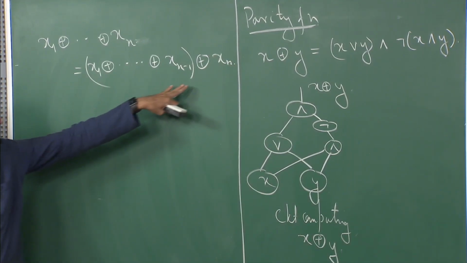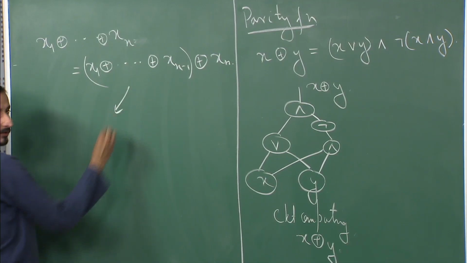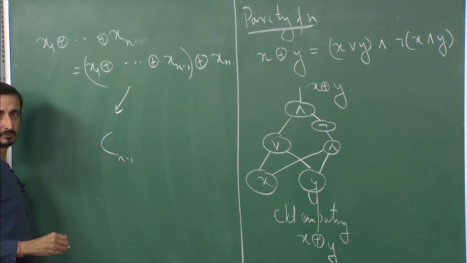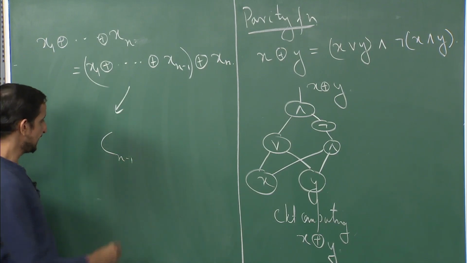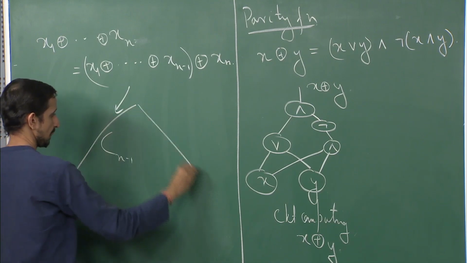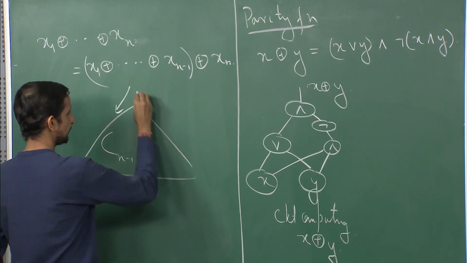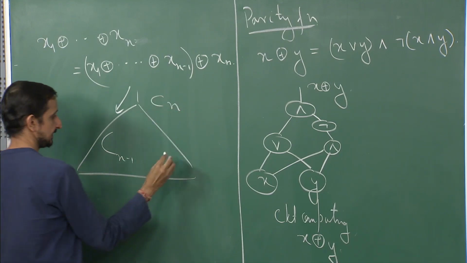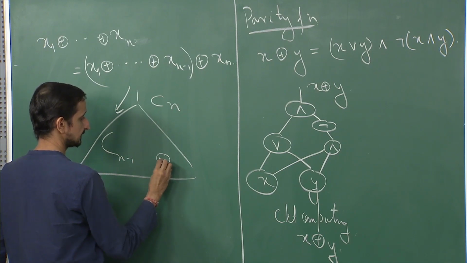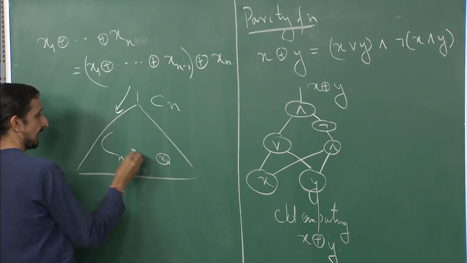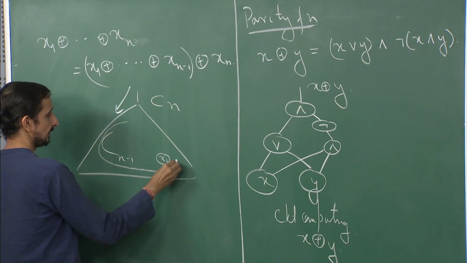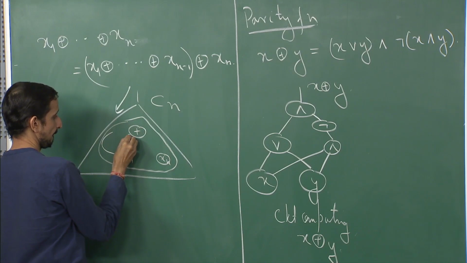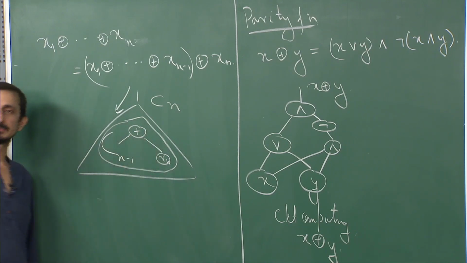Now, suppose I already have a circuit for this. Let me call it Cn minus 1. Now, I build a circuit Cn, which takes the circuit Cn minus 1, takes the single variable xn, and builds a circuit using this and this.